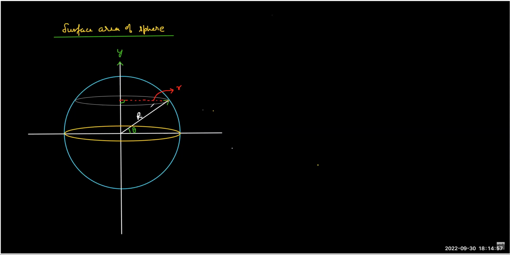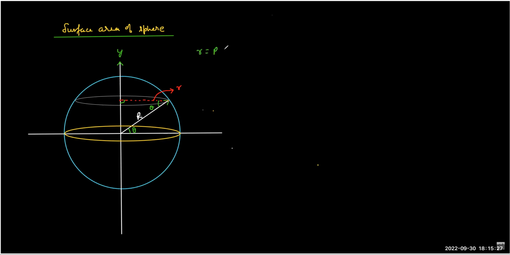So do you see the triangle? If this is theta, this is also theta. Alternate angles are equal. And this is a right angle triangle. So we should be able to find the dimension once we know one of the sides and an angle, because in any right angle triangle, two pieces of information are sufficient to solve.